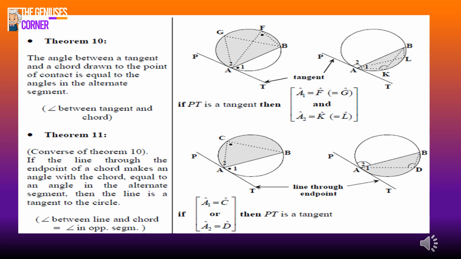Now that angle is equal to the angle subtended by the same chord, which in this case is angle C. As a result, we say that angle A1 is equal to angle C. The very same thing applies to angle A2 and angle B in this first circle on your left. In the right circle, it would be angle A2 and angle D. So the reason that we use here is the angle between a tangent and a chord, or we just say tan-chord theorem. That's the easy reason we use.